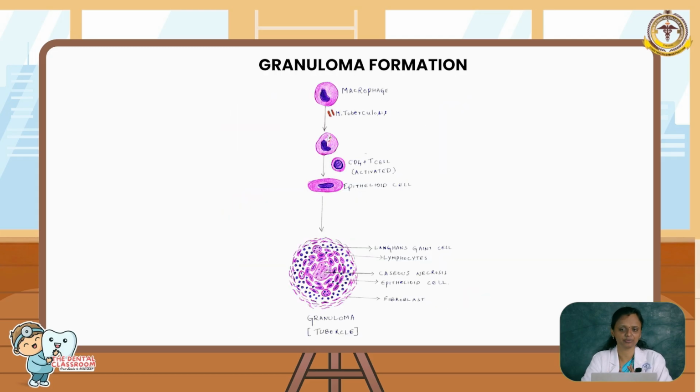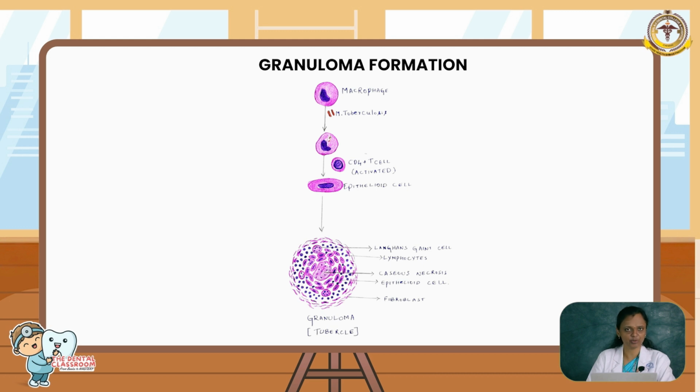I think you have remembered granuloma formation from your chronic inflammation discussion. So a granuloma is nothing but an aggregate of epithelioid histiocytes, and along with them, some histiocytes fuse to form a multinucleated giant cell called a Langhans type giant cell.